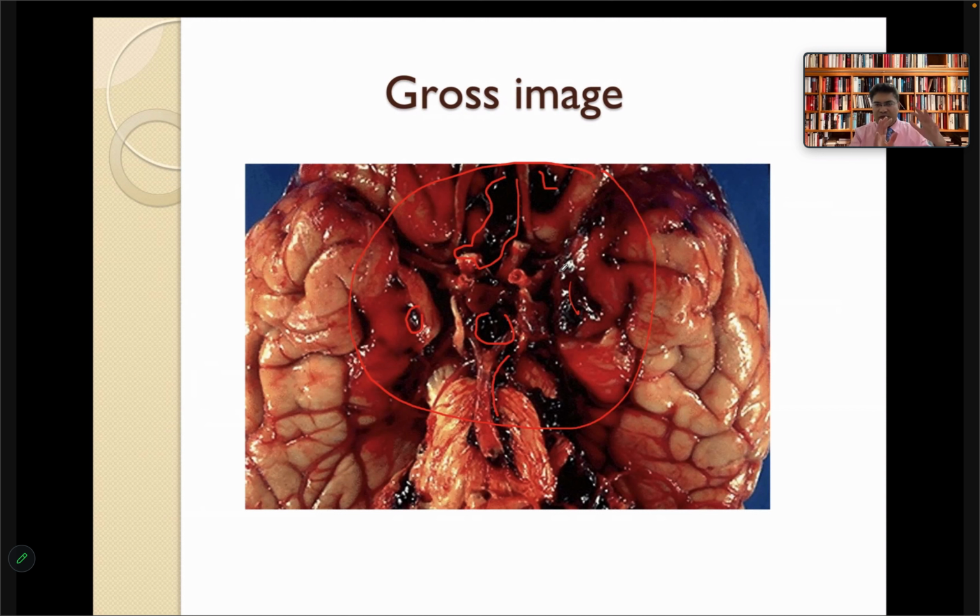And if you remember, we have discussed that subarachnoid hemorrhage is usually present at the base of the brain. So basically we are looking at the base of the brain, and here you can clearly see the circle of Willis. This is circle of Willis, and most probably this is the ruptured aneurysm from which the patient developed this hemorrhage or the subarachnoid hemorrhage.